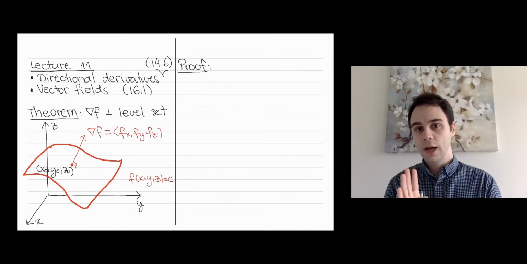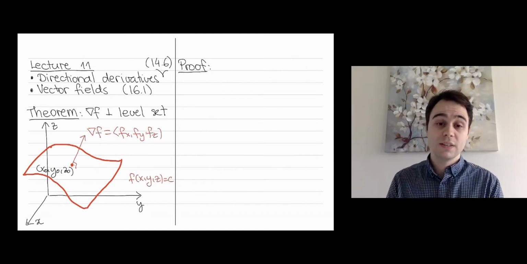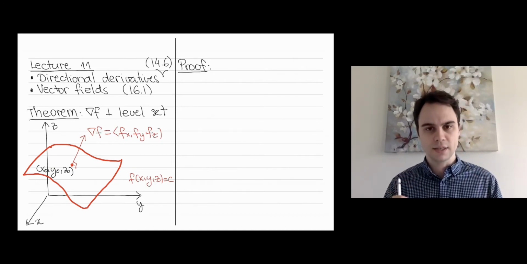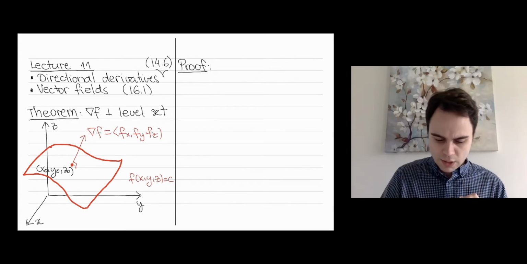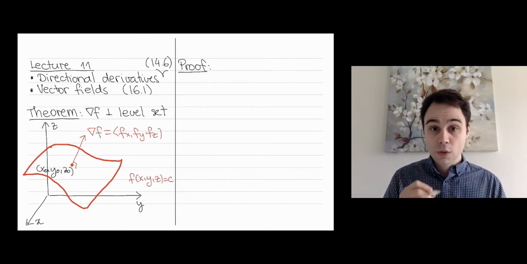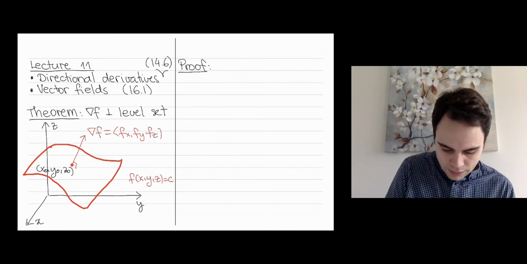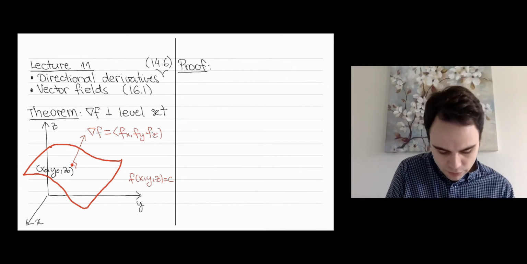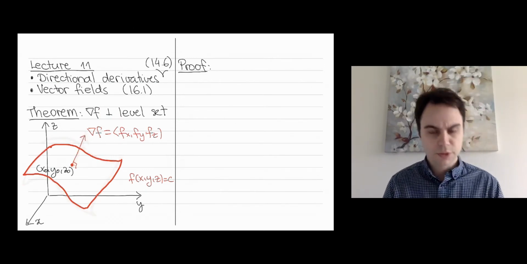Well, before I can prove anything, the statement has to make complete sense. So I should make a caveat explaining what the theorem is really saying. The issue here is this perpendicular sign. What does it mean for a vector to be perpendicular to a possibly curved surface?